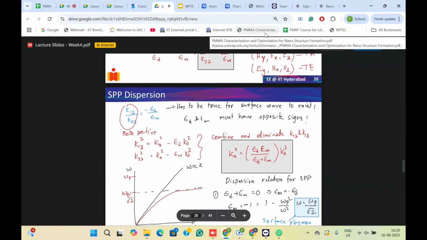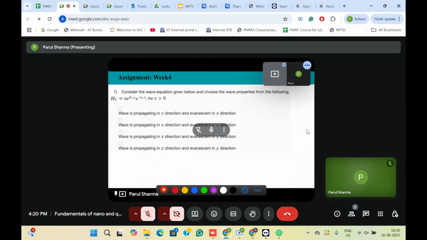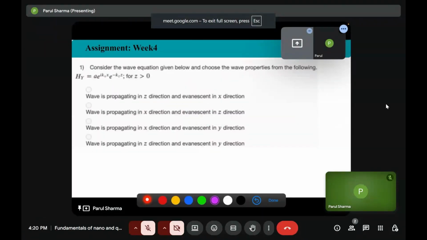So let's move to the question related to the surface plasmon polariton dispersion.